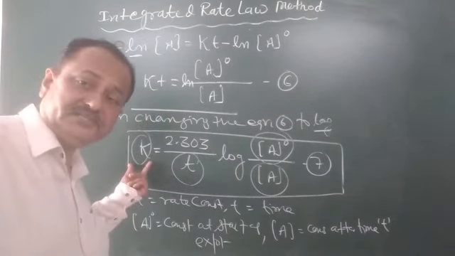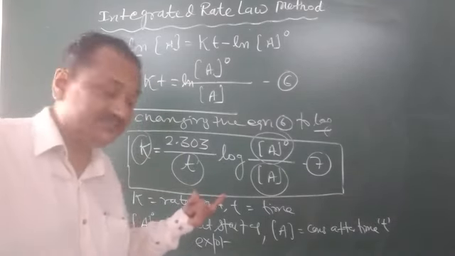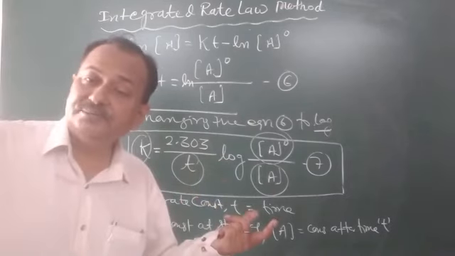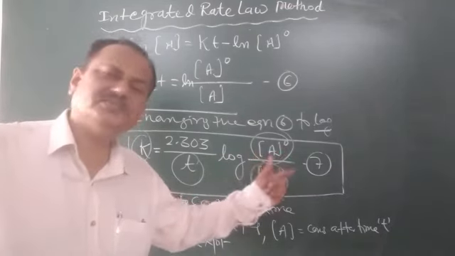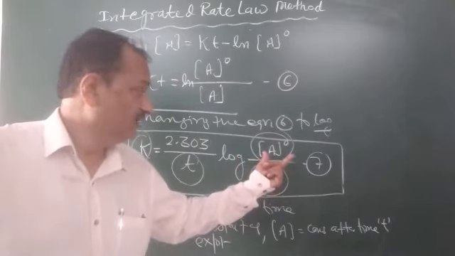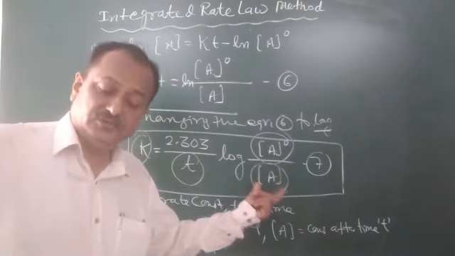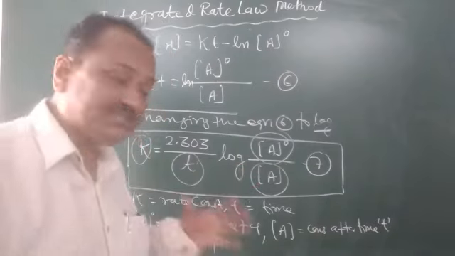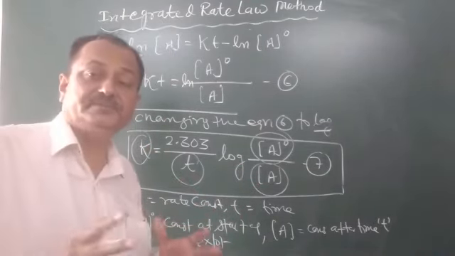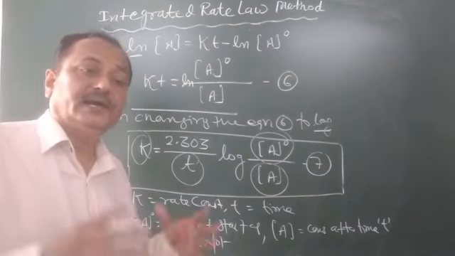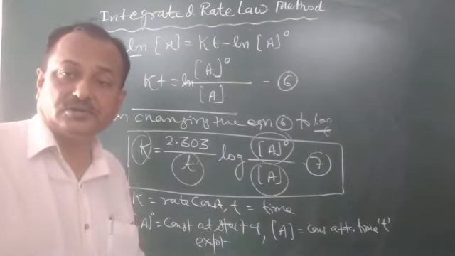You can find the rate constant, the order of reaction, the time, or after a certain time the amount of product formed or reactant concentration. Suppose any question is given about the start of the experiment and after time t, this is used to calculate or find out the order of reaction.